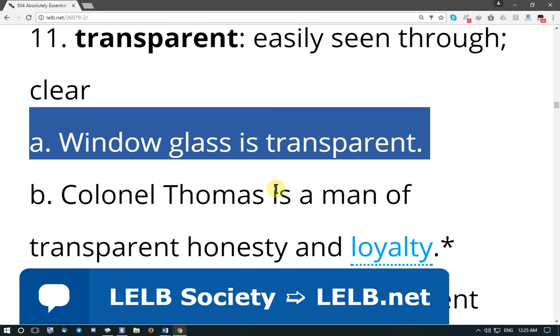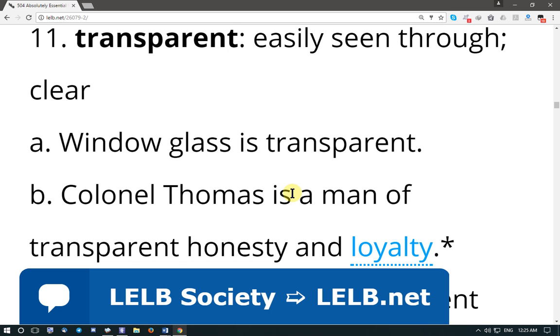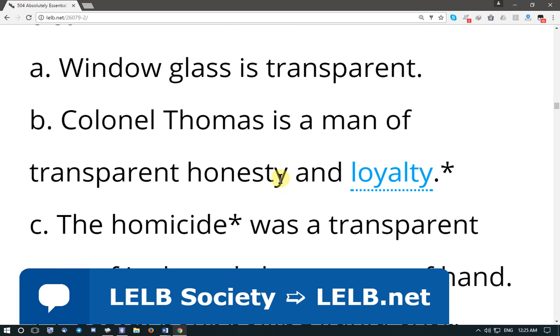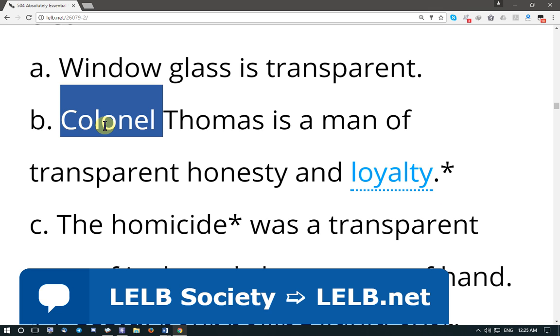So, Colonel Thomas is a man of transparent honesty and loyalty. Pay attention to the pronunciation of this word. It is not "colonel" as spelled, it is "kernel." It doesn't have any R letter, but it is pronounced as "kernel," American. "Kernel," British pronunciation.